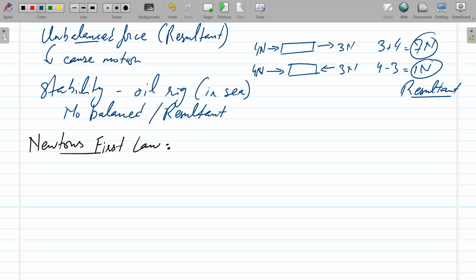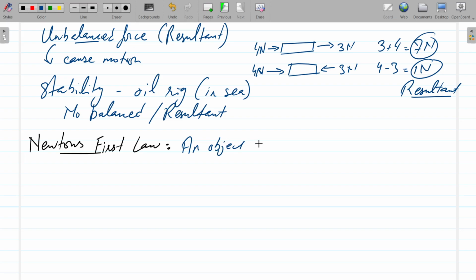And from what we have understood so far, the first law of motion states that an object at rest, it's slightly different wording from back when I did my O level, but the concept is obviously the same.